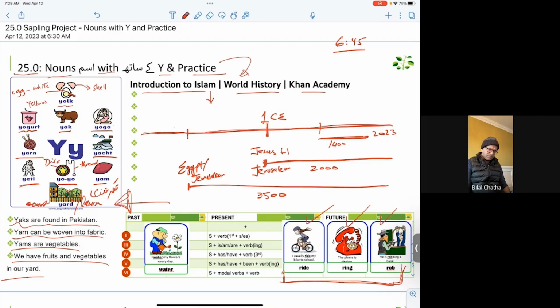Usually, what is the word used for Jesus? Jesus Christ. Because of the word Christ, the followers of Jesus are called Christians.